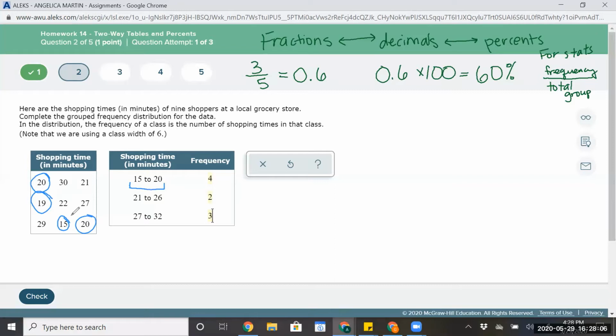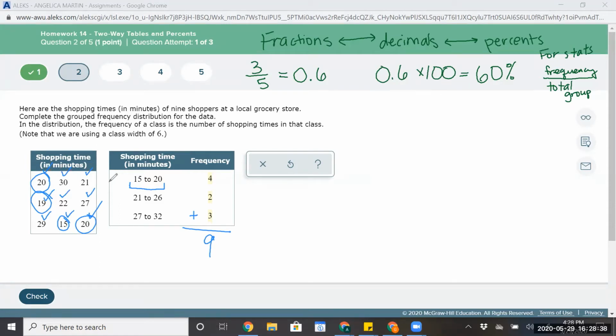To make sure that I haven't made any mistakes, I'm going to go ahead and add these up. 4 plus 2 is 6, plus 3 is 9, and over here I have 1, 2, 3, 4, 5, 6, 7, 8, 9 data points. So I know I've accounted for everybody, and everyone's been put in its own separate bin here on the right table. So I haven't missed any numbers or accidentally doubled any numbers. That's really important to make sure you haven't done that.